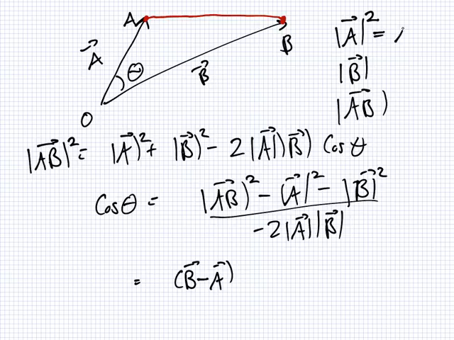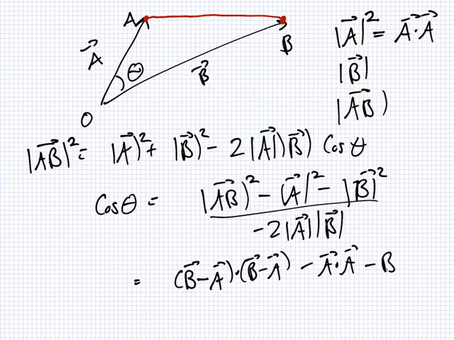A dot A. So AB squared is B minus A dot B minus A. And A magnitude squared is A dot A. And B magnitude squared, B dot B. Can we write it as B minus A squared? Yeah, kinda, but this is better.